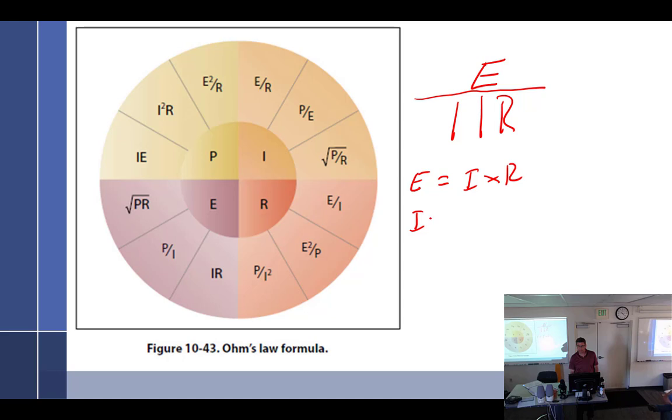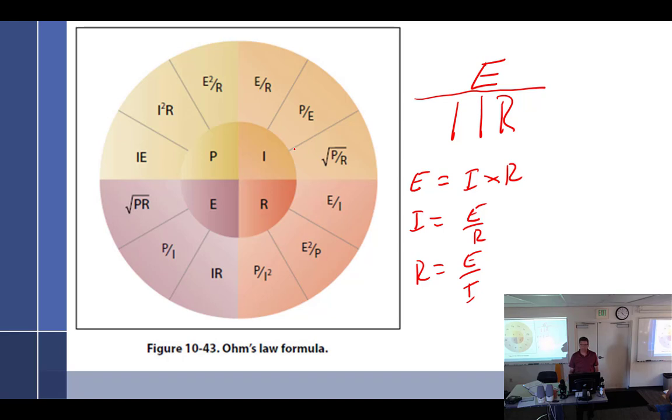I equals E divided by R. How about what if I want to know R? R equals E divided by I. How simple was that? You just learned 90% of the Ohm's law wheel.